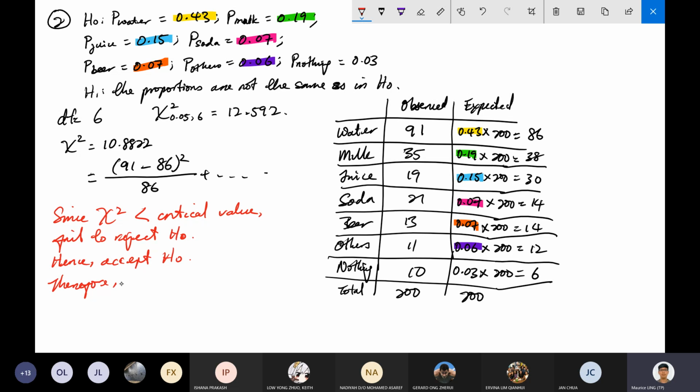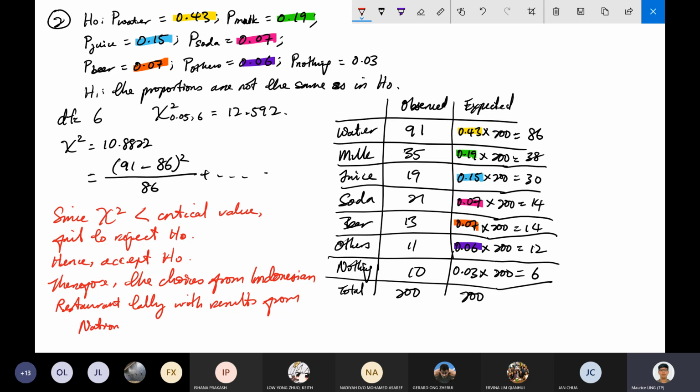Therefore, so how do you write here? The choices from Indonesian restaurant tally with results from the national survey.